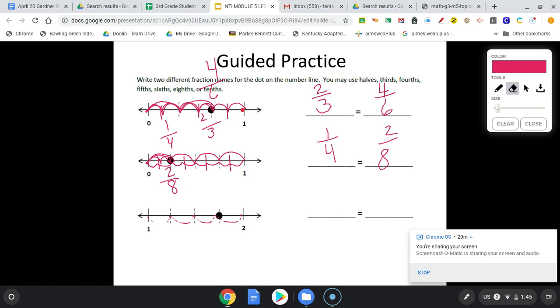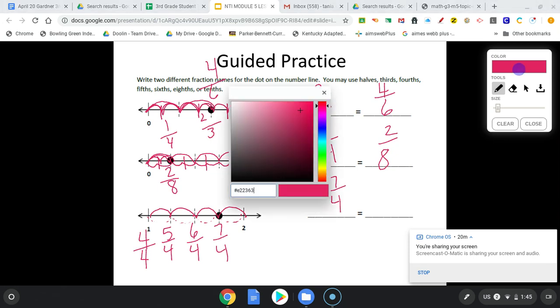What is it, boys and girls? Very good. It is fourths. 1, 2, 3, 4. It's fourths. And so if I have one whole, that means I have 4 fourths. So 4 fourths, 5 fourths, 6 fourths, 7 fourths. So that is 7 fourths.